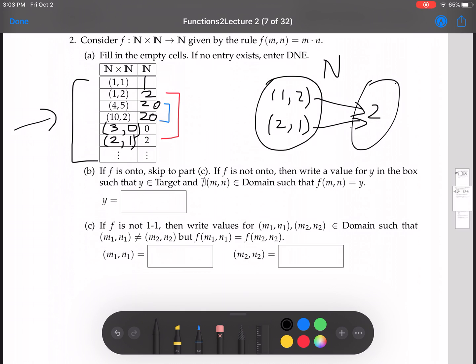Remember, this is not one-to-one. In general, when you have a situation like this, it's not one-to-one. So you just take your 2 points, (1, 2) and (2, 1), and that is a counterexample that shows that we are not one-to-one in this case.